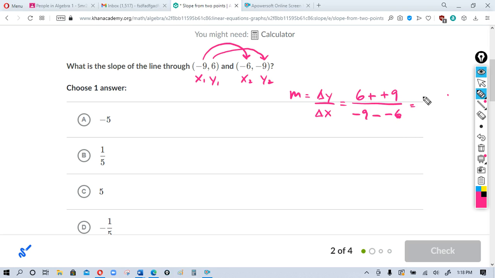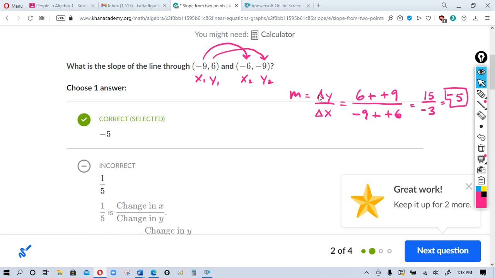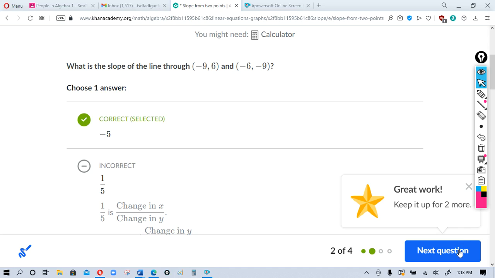So negative 6 plus 9 is 15. 2 negatives in a row is positive. Negative 9 plus 6 is negative 3. Okay, and 15 divided by negative 3 is negative 5. All right, so that's answer A. So just remember, change in y over change in x, and make sure you subtract them going the same direction both times.